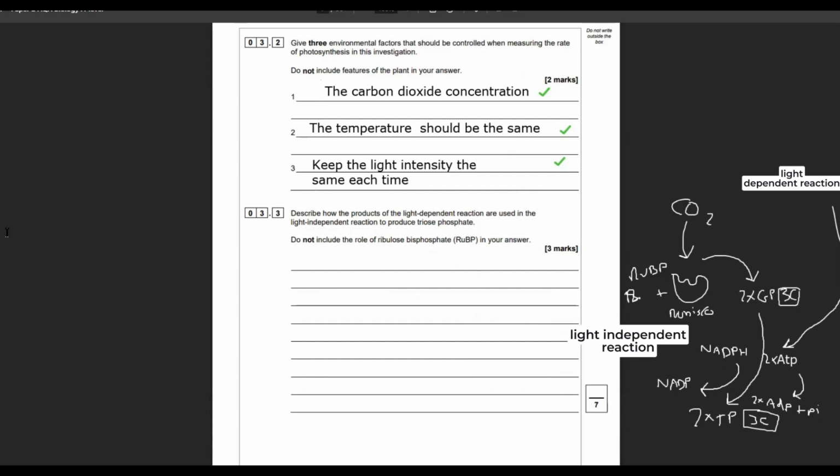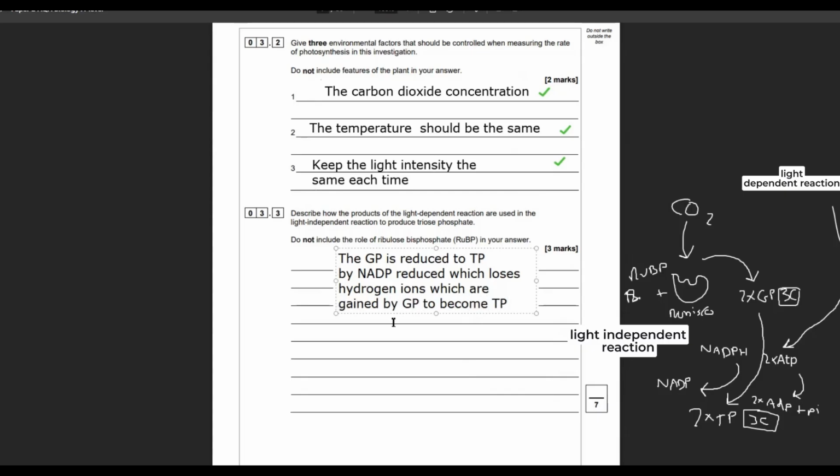So what we want to say in our 3-mark answer, based on that diagram, is that the GP is reduced to TP. And what is it reduced to TP by? By NADP reduced, which loses hydrogen ions, which are gained by GP to become TP.